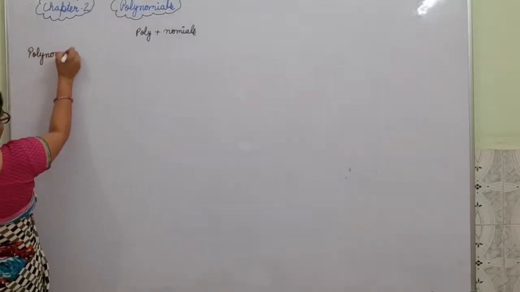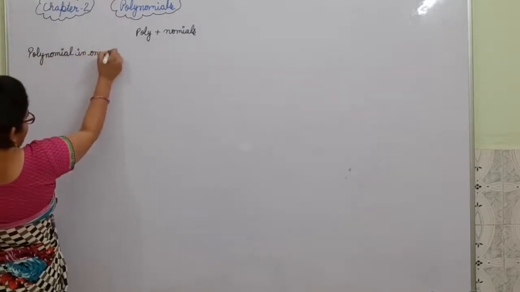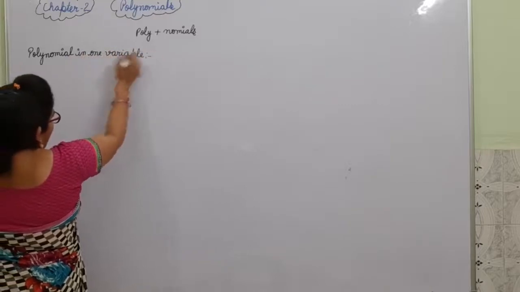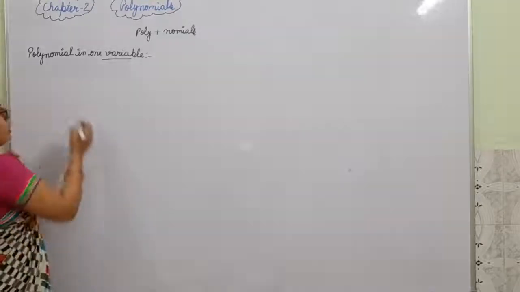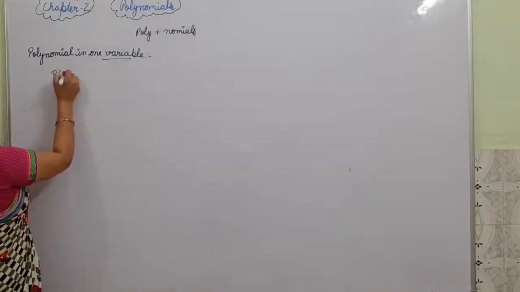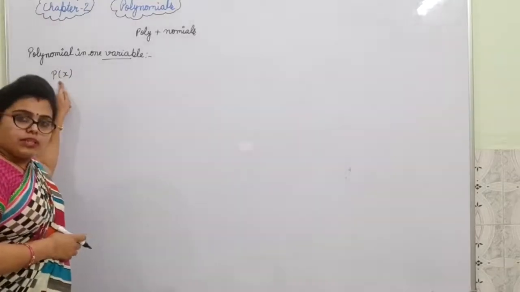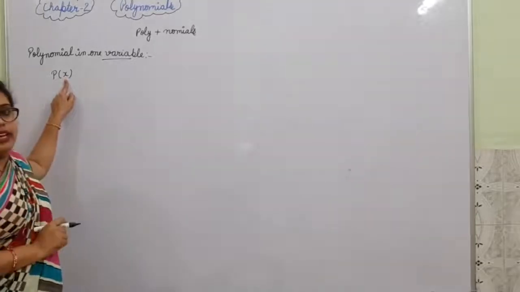Polynomial in one variable. Let polynomial in one variable, we are representing it by p of x. P means polynomial, x means variable. One variable we are having.